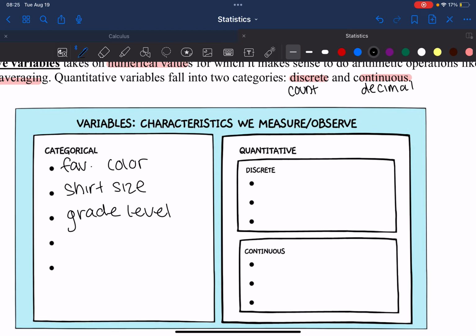So freshmen, sophomores, juniors, seniors. We could do dog breeds. Okay, there's different types of dog breeds. And then we could also do music genres.